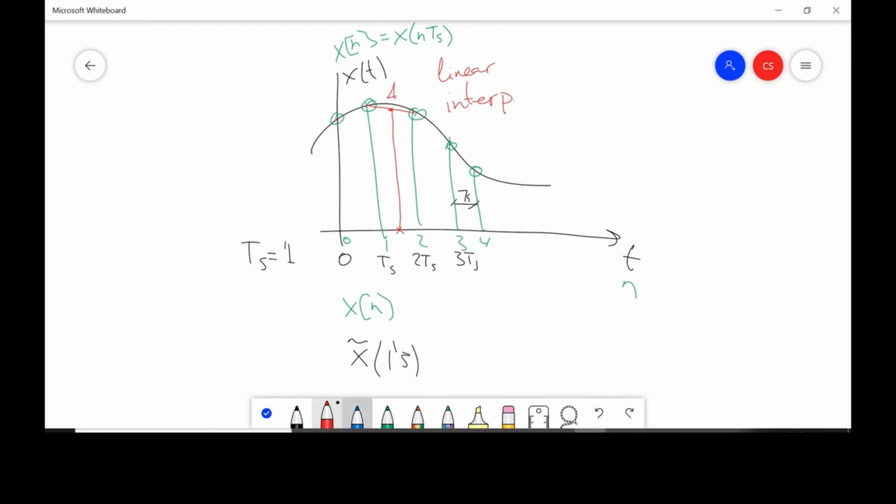And if I have these 4 points now, what is the degree of the polynomial? 3. So I can find a polynomial of degree 3 that goes through the 4 points, and then my estimate would be maybe similar, but a little bit different.